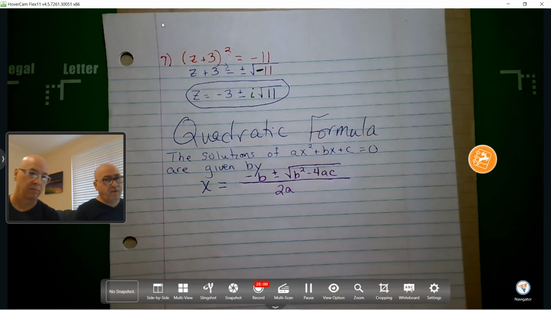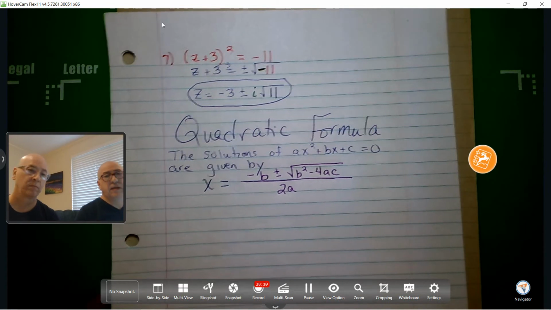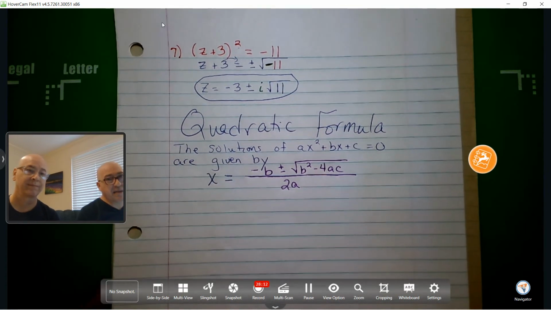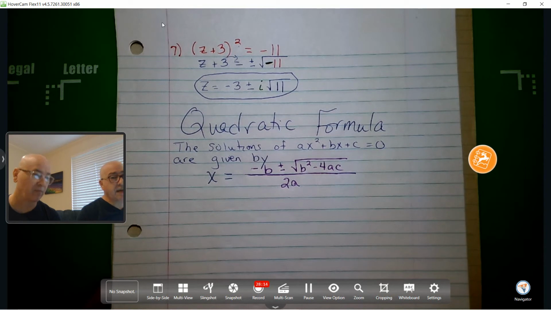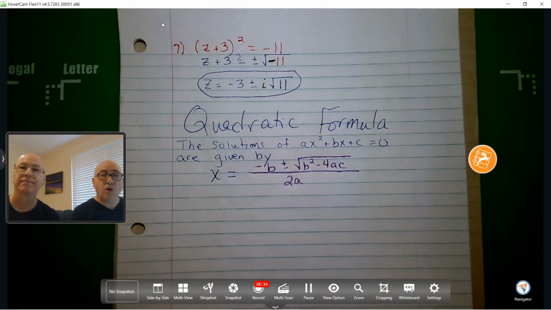I know at first it can look intimidating, but every time I use it, I'm going to write it down. And by the time you're through doing these examples with me, you will have basically got it memorized, if you don't already have it memorized. Okay? So, negative b plus minus the square root of b squared minus 4ac all over 2a.